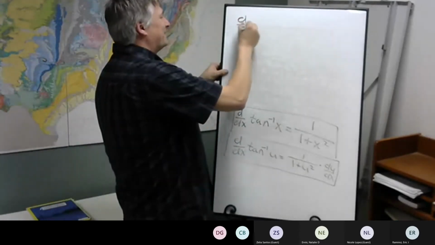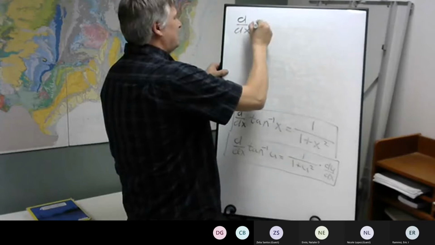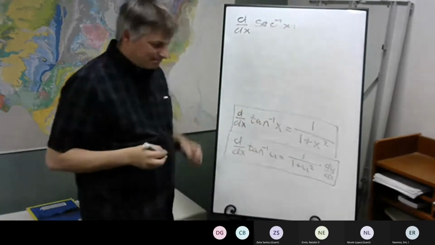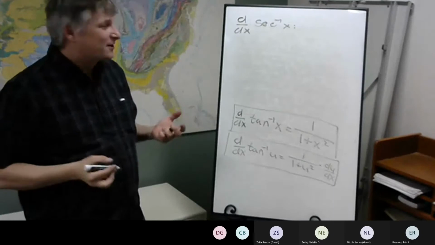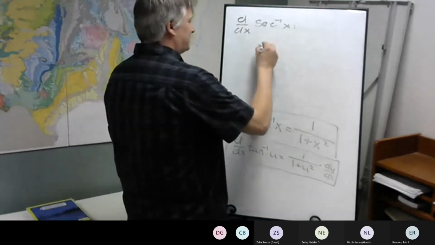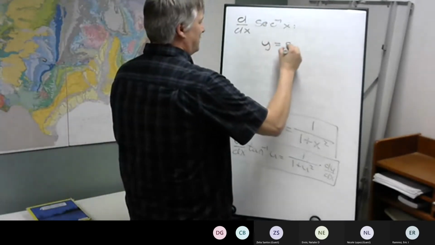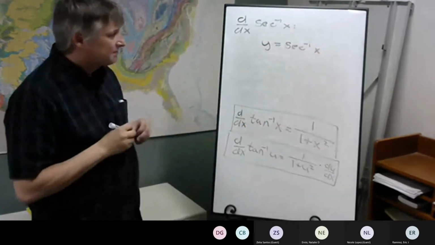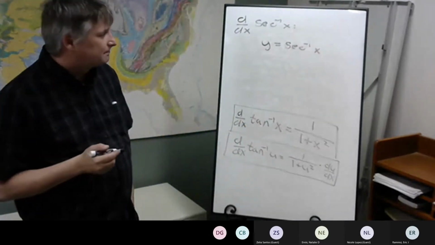So d/dx of secant inverse of x. And what's kind of neat about these derivations is you're learning some clever tricks that can help later on in your calculus. So this is what we're going to do here.